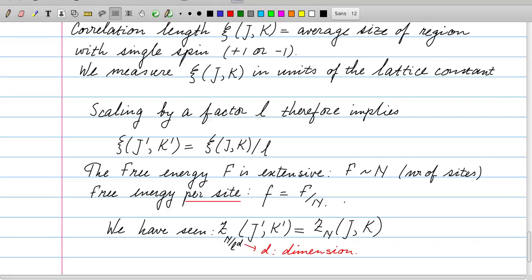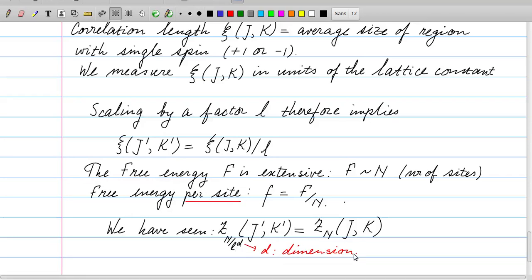Now, before we have seen that if I perform such a renormalization transformation, the partition function doesn't change. So if I look at the partition function with the new coupling constants, the size of the lattice is no longer the original size, but it's the original size divided by L to the power d.